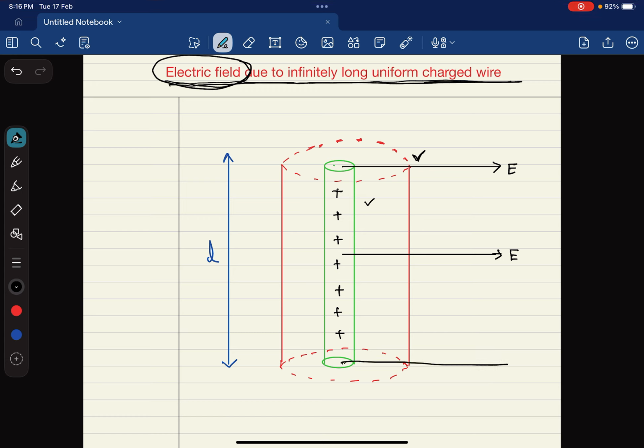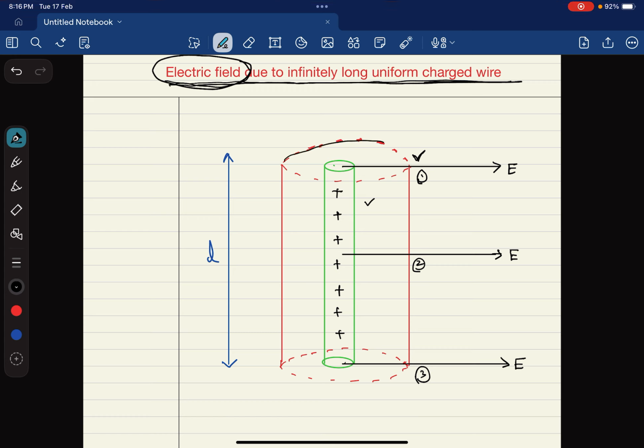Here also the electric field is radially outward in a straight line. These are the three regions I'm going to consider, and I'm going to calculate the electric field. This is region 1, this is region 2, and this is region 3.